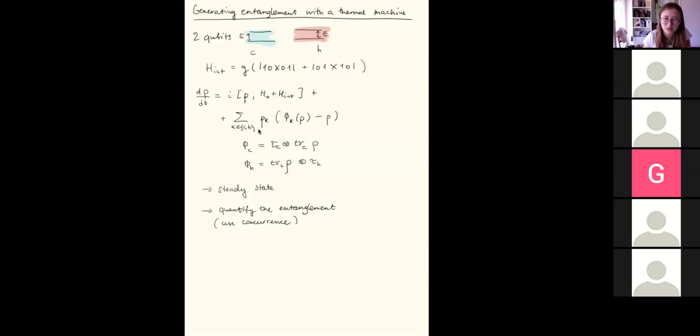So concurrence is one of these measures which are used to quantify entanglement. And it is a funny one.